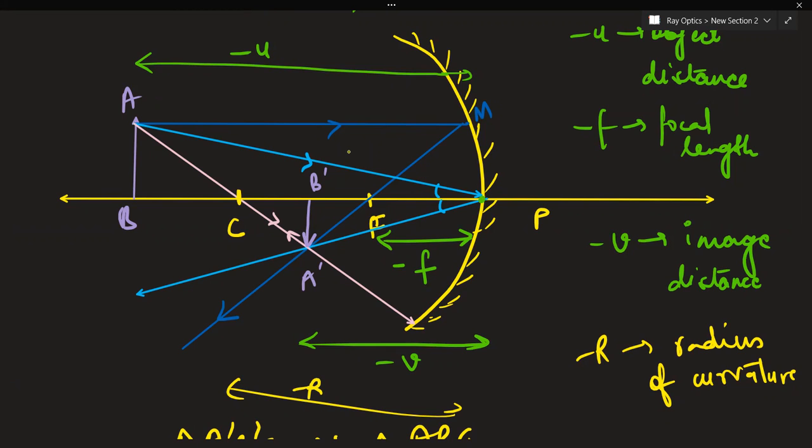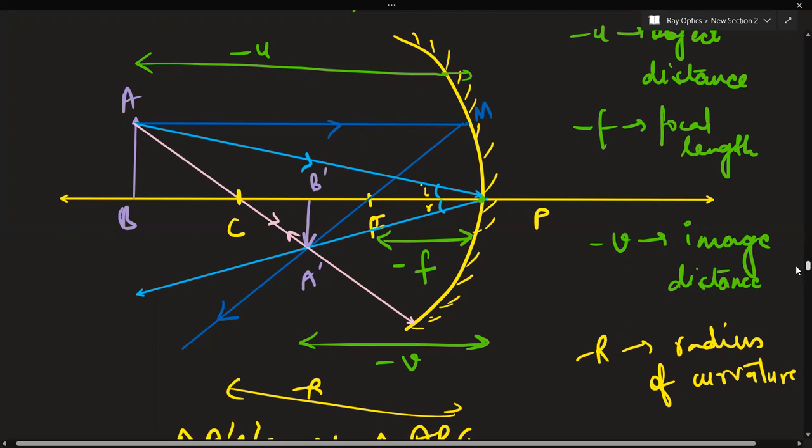They have the common side, and these angles are also equal. So by SA similarity, these triangles will also be similar. Look, ABP and A dash B dash P: the side is common, and the angles are equal, angle of incidence and angle of reflection according to the laws of reflection. So this big triangle ABP and A dash B dash P will also be similar.